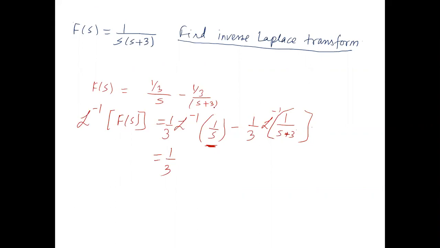So this guy gives me 1, minus 1 over 3 times the inverse Laplace transform of this guy, which, as you saw, is e to the minus at, right? So 1 over s plus a gives you e to the negative at.